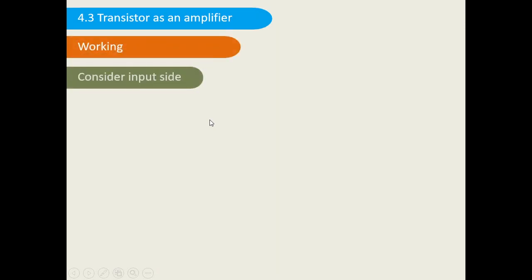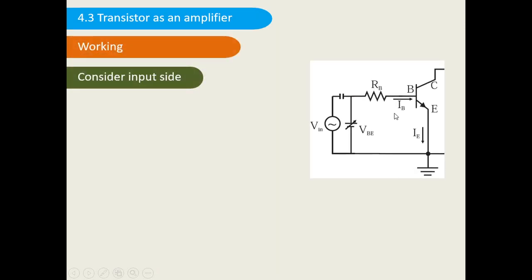So if I consider the input side of the transistor, the input side looks like this. This is the VBB, and this is plus minus VBE. Now if I apply Kirchhoff's voltage law to the input side, suppose this is PQRST.